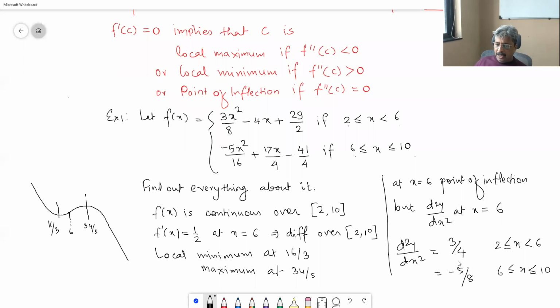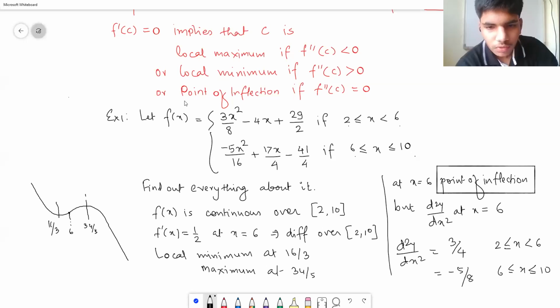And they are not equal, nor are both of them 0, but still we have a point of inflection. That is the discrepancy. That is the counter example.